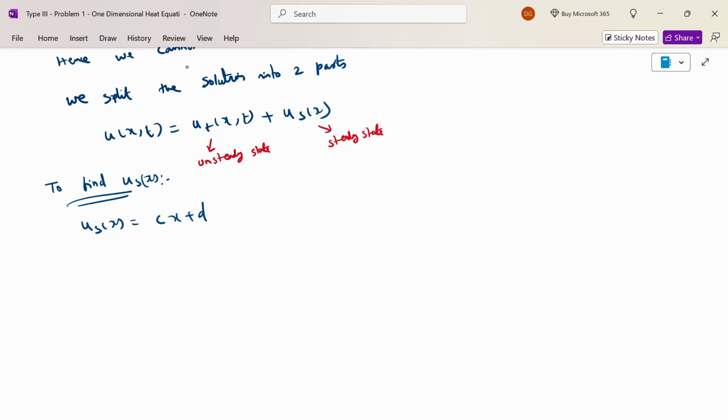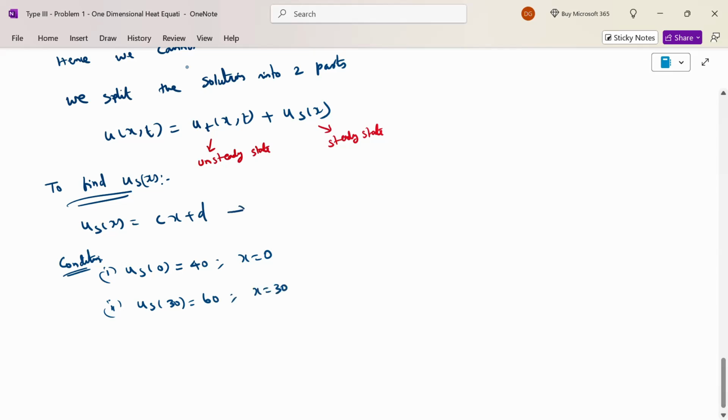Therefore the boundary conditions are: first, u_s(0) equals 40, so x is 0. Second boundary condition, u_s(30) equals 60, its length is 30.